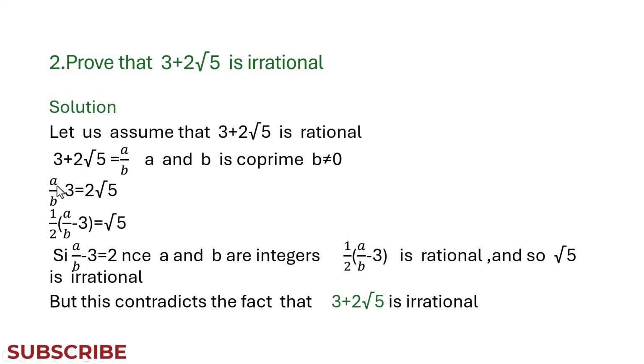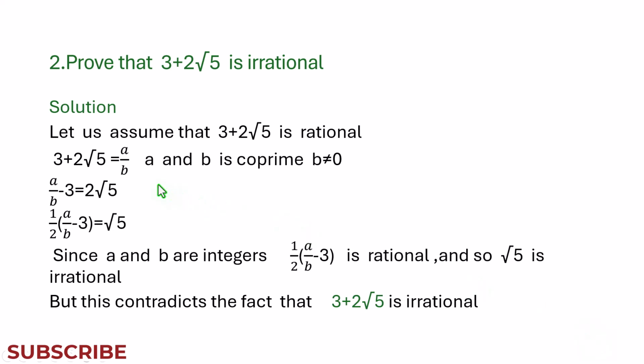So 3 transposed: a upon b minus 3 is equal to 2 root 5. Divide by 2: one by 2 into a upon b minus 3 is equal to root 5.